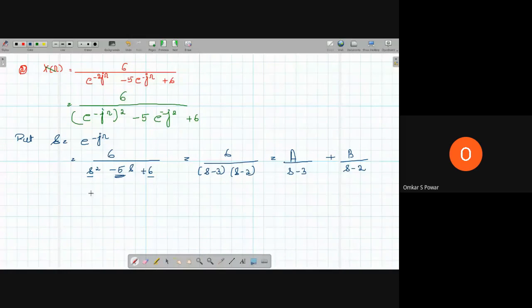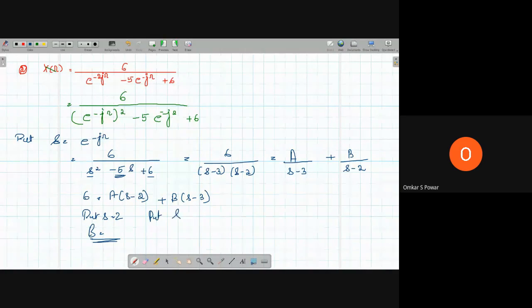Then 6 is equal to A into (s minus 2) plus B into (s minus 3). Now we have to substitute: put s equal to 2 and get the value of B, and put s equal to 3 and get the value of A. If you substitute these two, you will get the values of A and B as 6 and minus 6.